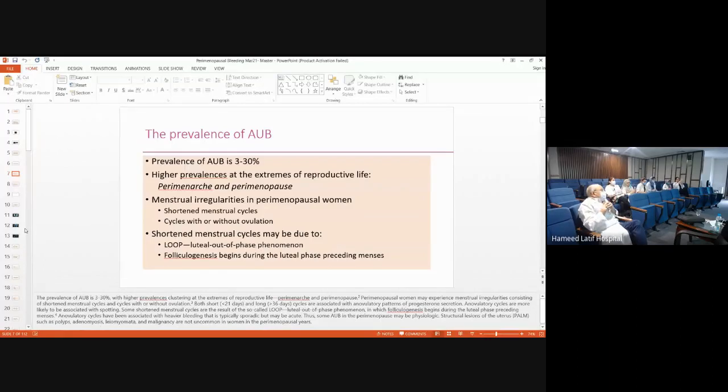Well, the prevalence of that depends upon the age. Say in the 20s, usually there is a small incidence of abnormal uterine bleeding.